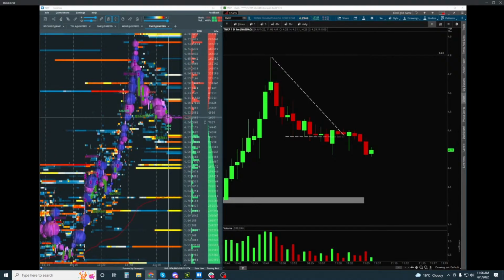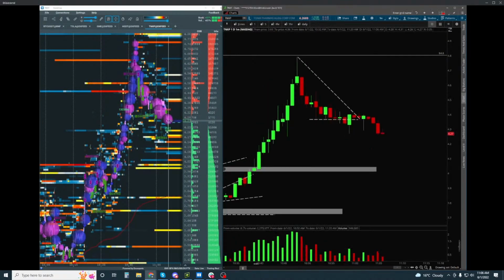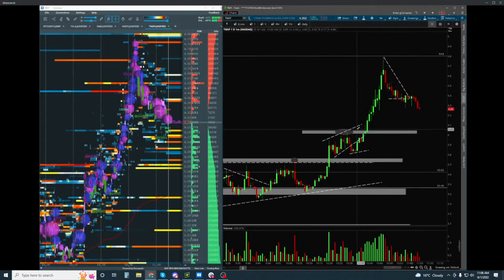If you zoom out, traders, you can see better the previous support, which is this 4. You can see we had a nice demand over here, nice demand over here.